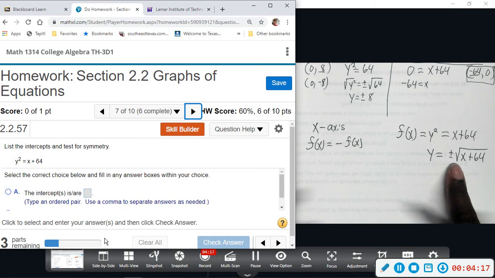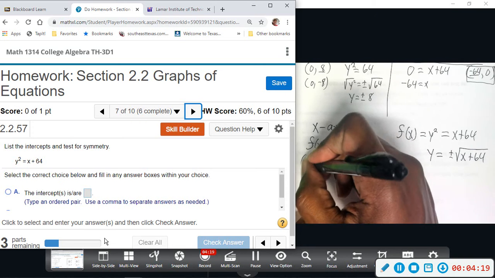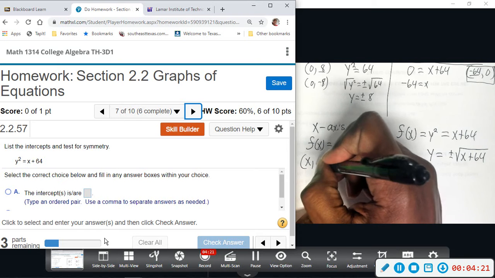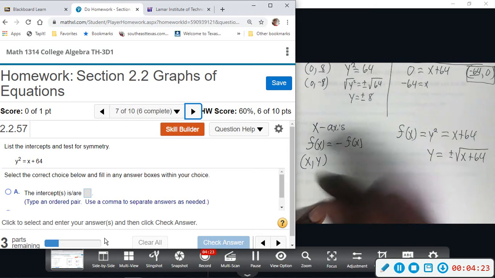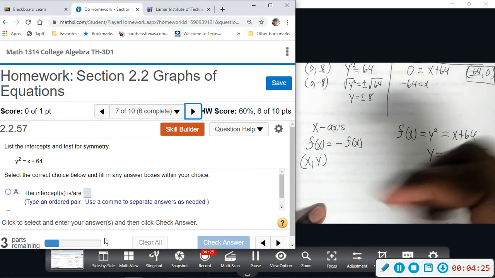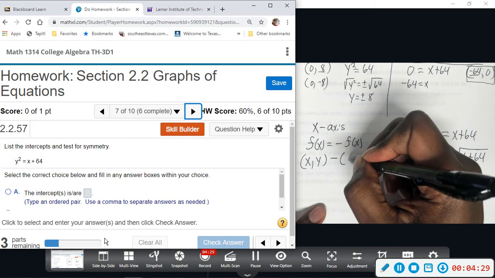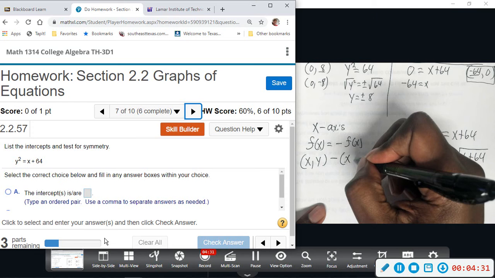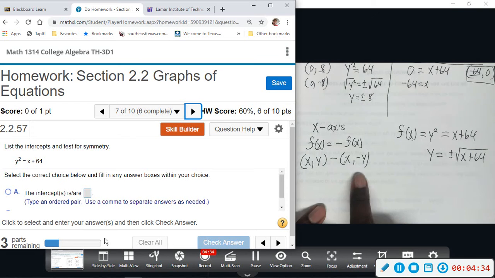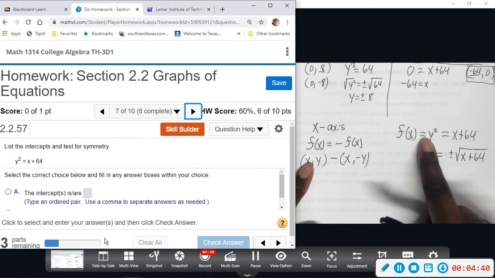Okay, but getting into all this gets kind of tricky. So remember the ordered pairs. You have x, y, and what will we do for the x-axis? We make y negative and try to see if that's the same. So we're going to say x negative y, and it's probably going to be best to do it this way. So we're going to change y to be negative, see if we get the same original equation right here.